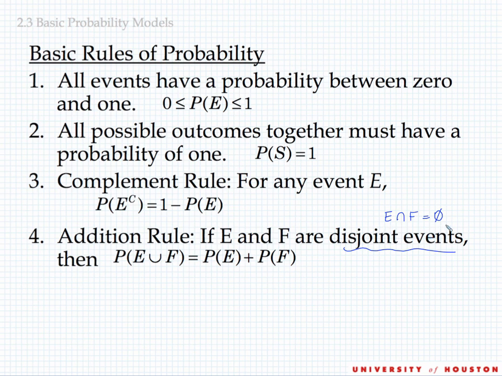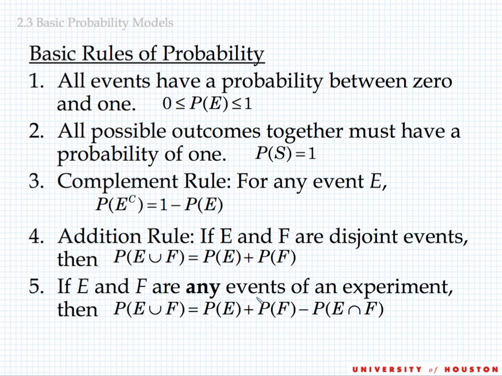So they have nothing in common, so the probability of them both occurring would be 0. If this is true, then the probability of E or F, E union F, would be the probability of E plus the probability of F. Union can also be referred to as an OR statement. And when we have that, we use addition for our probabilities.